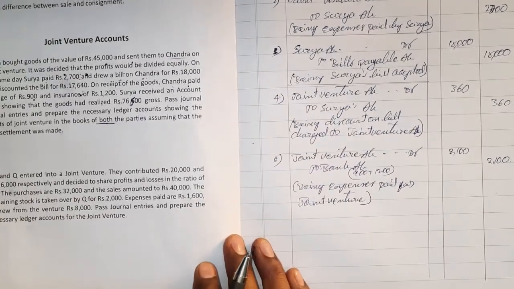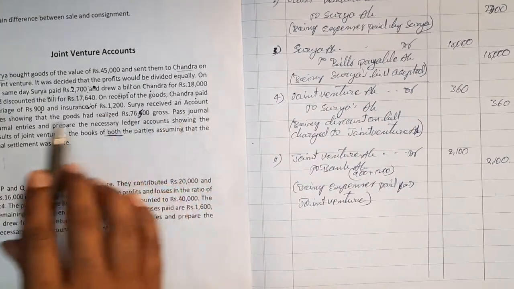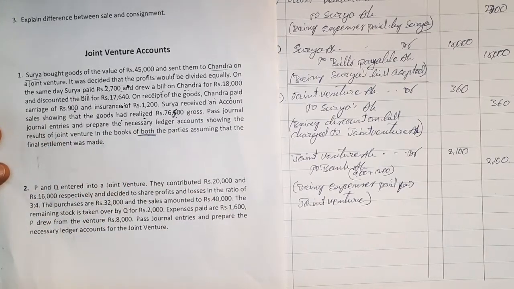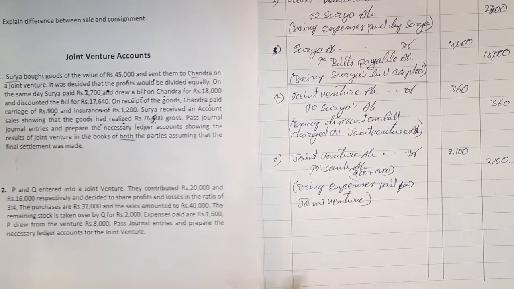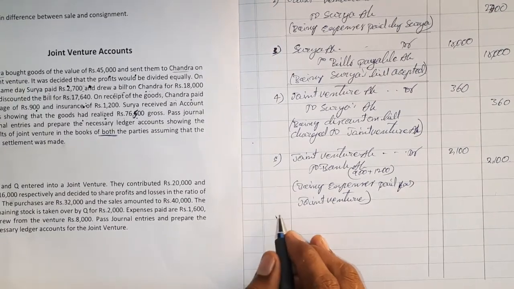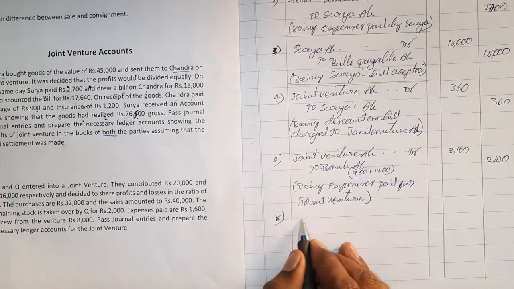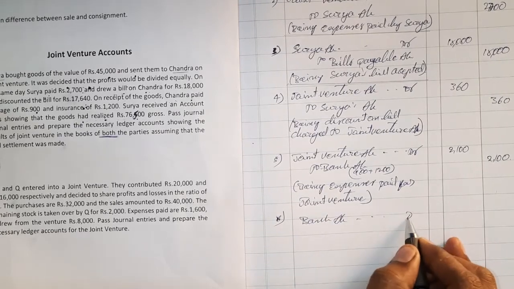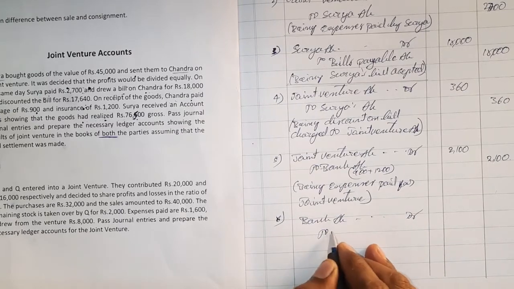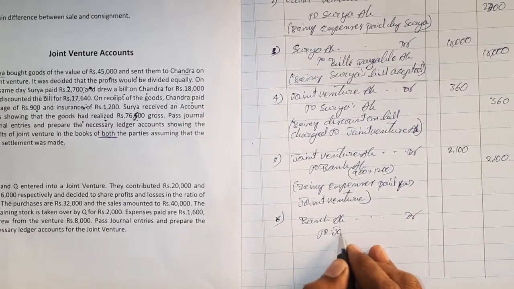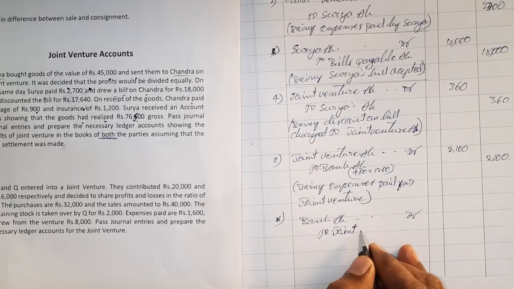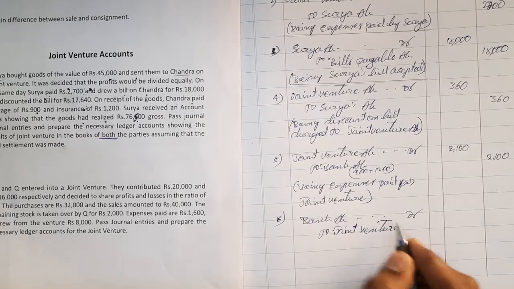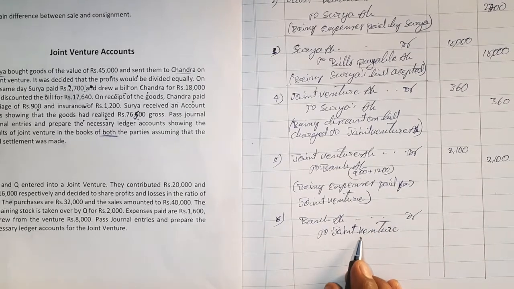Next, the sixth one, Surya received an account sales showing that the goods had realized 76,500 gross amount. Finally Chandra only sold, no? So debit the bank account because he received money in the bank, credit to joint venture account. It is income to the organization, hence you credit it to joint venture as per the nominal account rule.